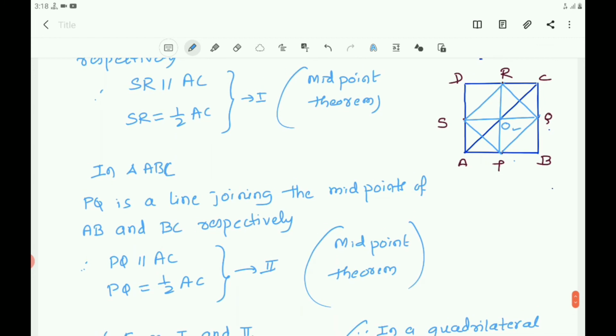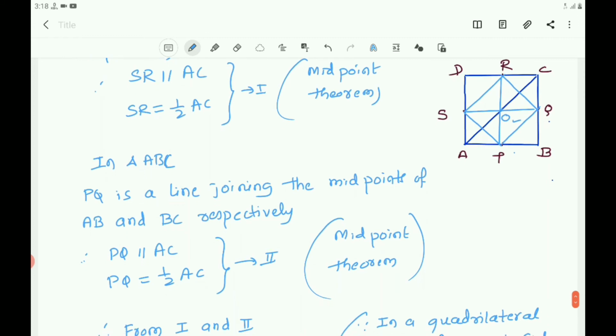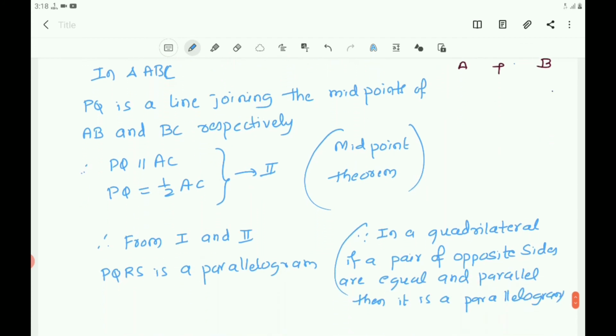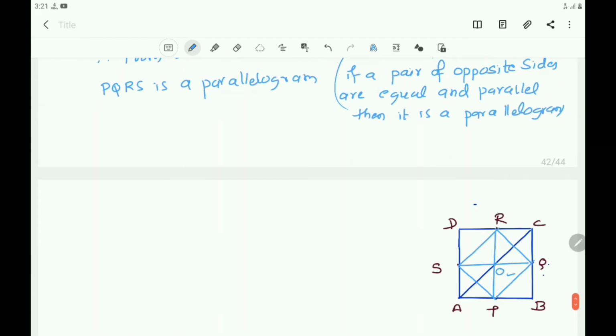Here, SQ and PR are the diagonals of the parallelogram PQRS.